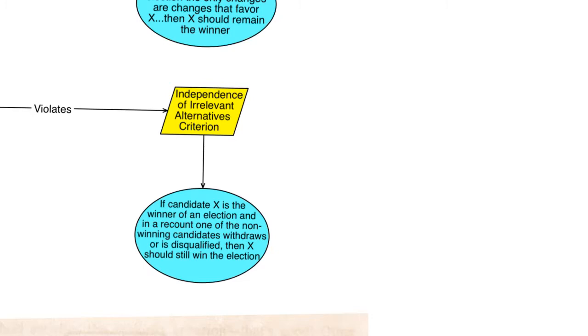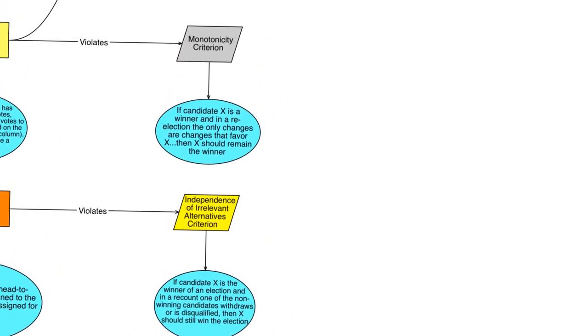Now, in a way, this is somewhat similar to the monotonicity criterion, where according to the monotonicity criterion, if X is the winner of an election, and the only changes that take place before the recount are changes that favor X, then X should remain the winner.